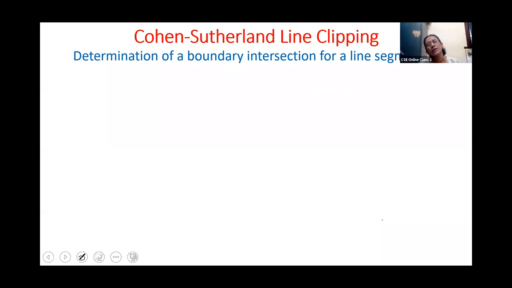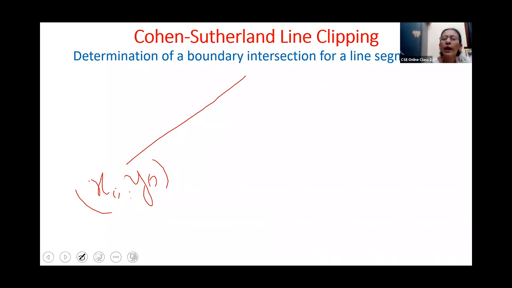Next, what we have to do is, how do we determine the boundary intersection for a line segment? You have this line x naught, y naught, and this is x end, y end.